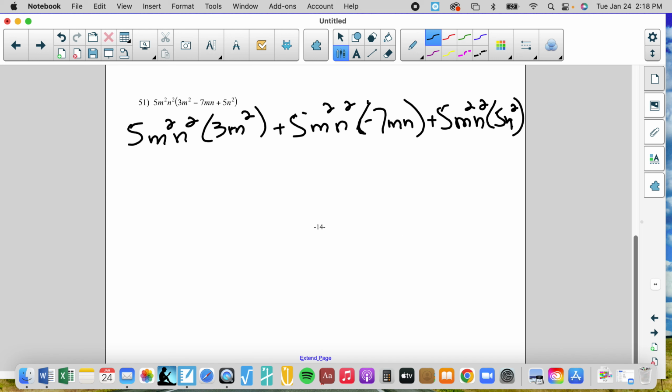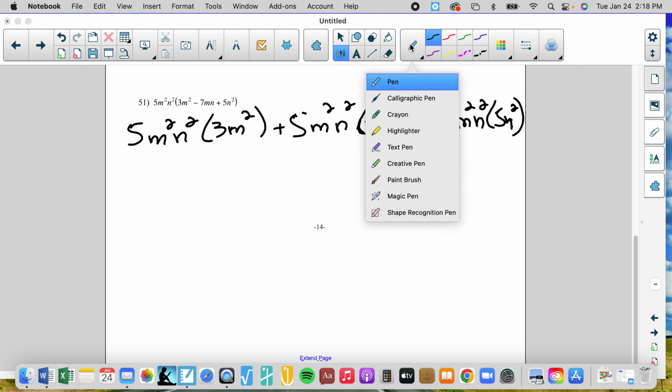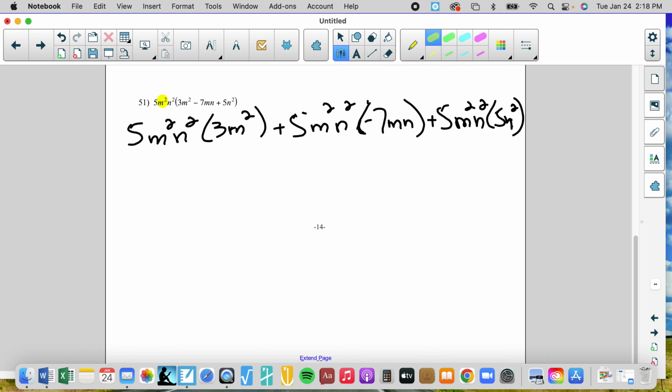So this is a monomial, one term, a monomial times a trinomial. We have 3 terms, 1, 2, 3. So we'll see those 3 terms, 1 term, 2 terms, 3 terms. And we're multiplying, distributing that outside term to each of the ones inside.